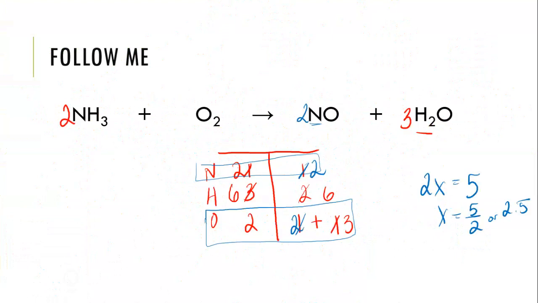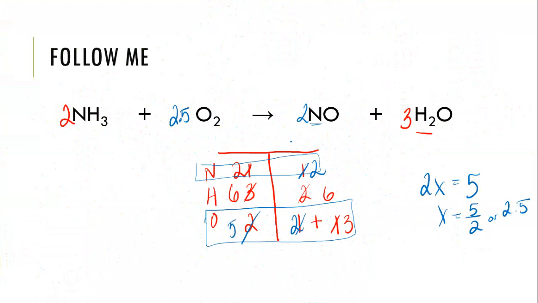The problem with this is that I can't put 2.5 up here as a coefficient because I cannot have 2.5 oxygen molecules. I either have a molecule or I don't. But you can put it up here temporarily, and you can use it to help you balance. Like if I multiplied 2 by 2.5, this would equal 5. So I'd have 5 oxygens on the left, and I have 5 oxygens on the right.